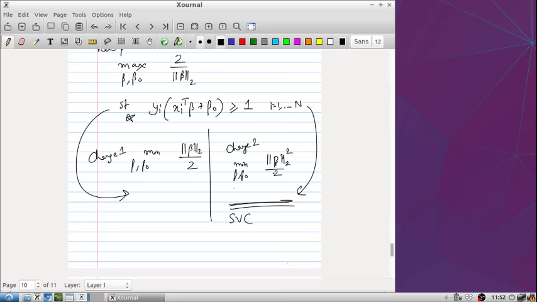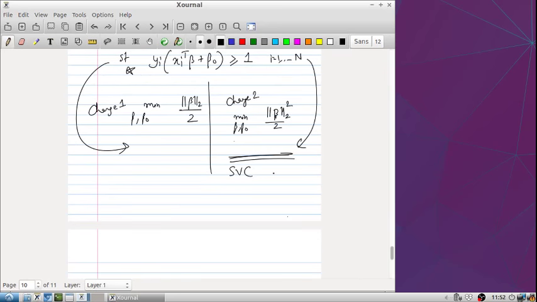So I want to relax the separability restriction, which essentially means that there's not going to be a hyperplane which can exactly put positives on one side and negatives on the other side.